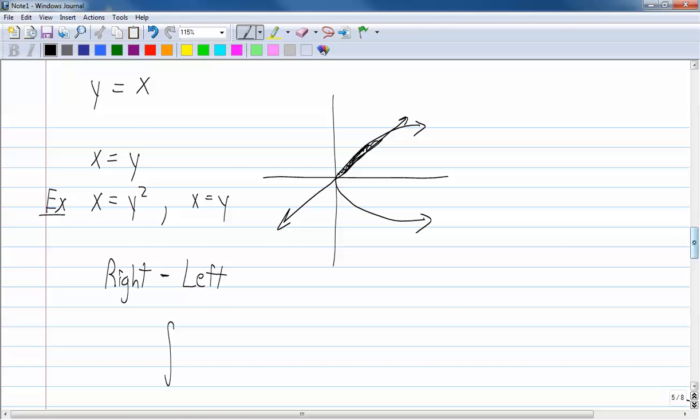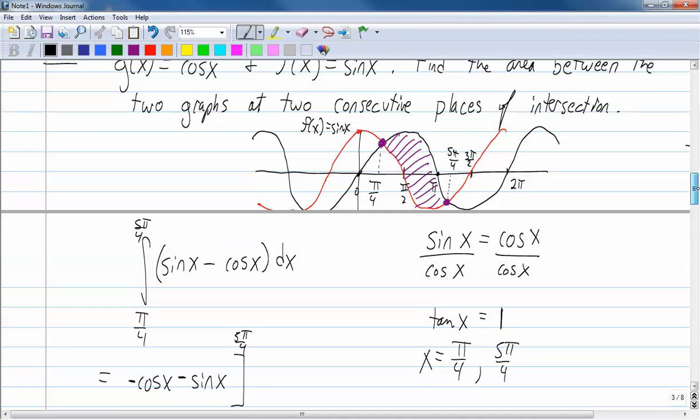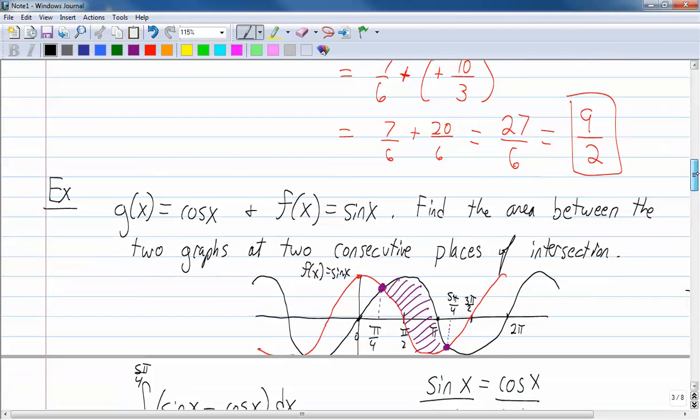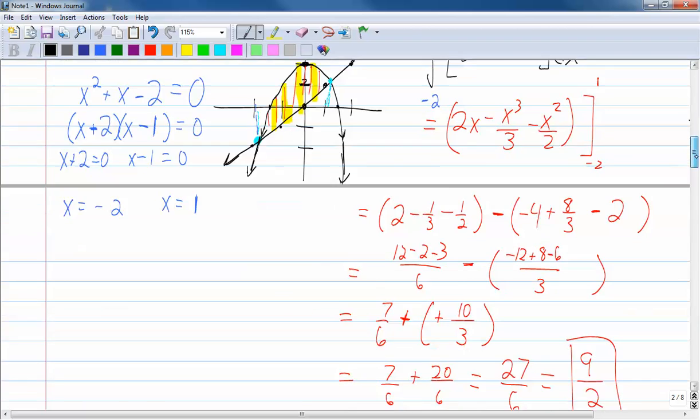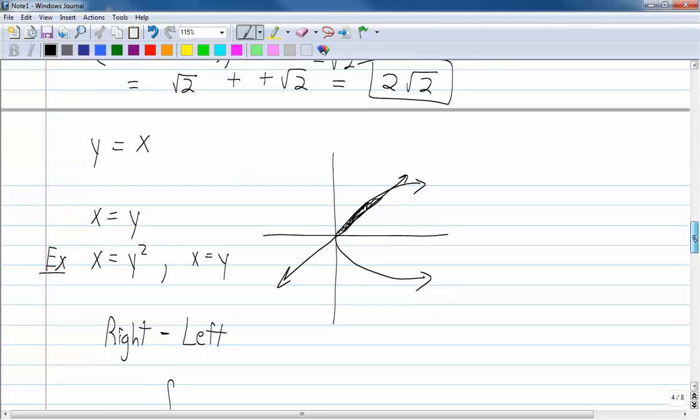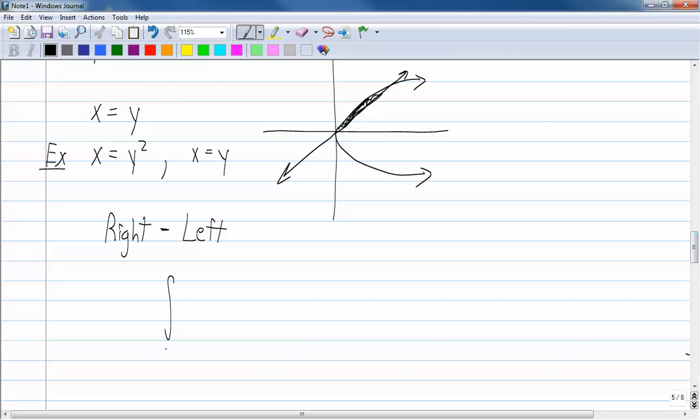what do we usually put as the boundaries on all of these that we just worked? All of these that we just worked, what are the boundaries? From the x. If you have to set up one that's right minus left, instead of x's, you're going to have y values.